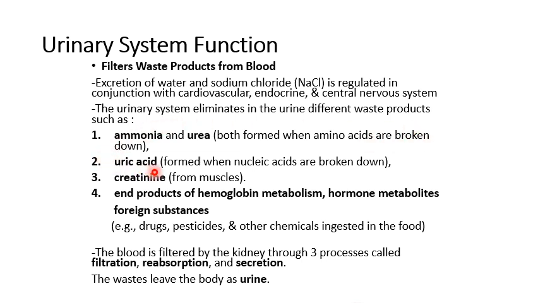Uric acid is another waste that is formed from nucleic acids, such as DNA, when it's broken down. Creatinine is also another waste product that is produced from muscle creatine. Also, end products from metabolism of hemoglobin during the RBC's life cycle and turnover, such as bilirubin, should be eliminated, and this is mainly performed by the kidney.